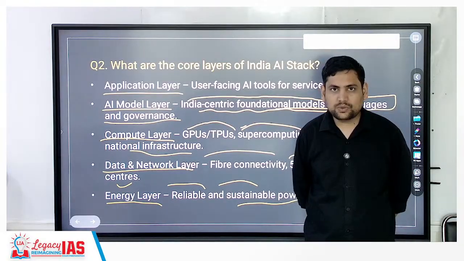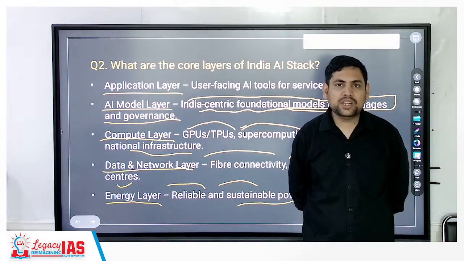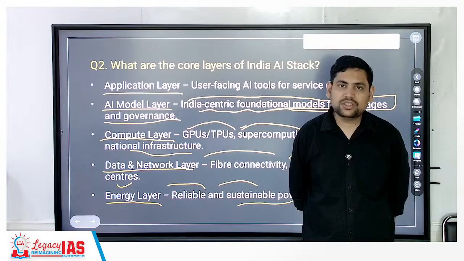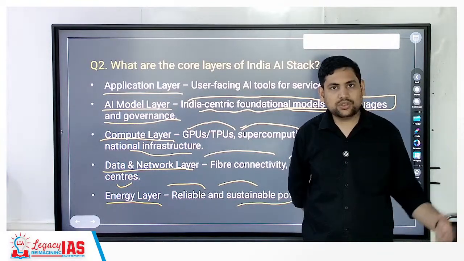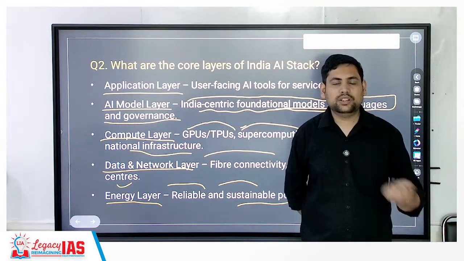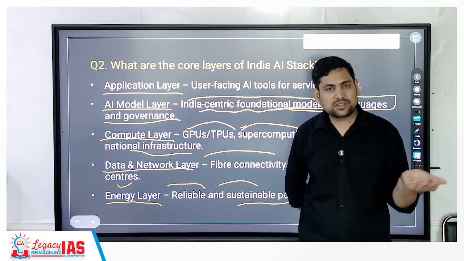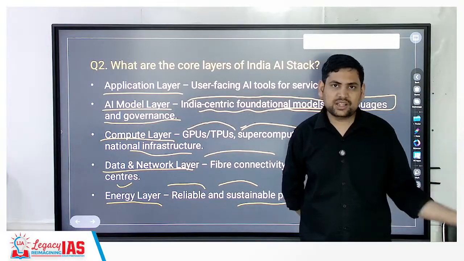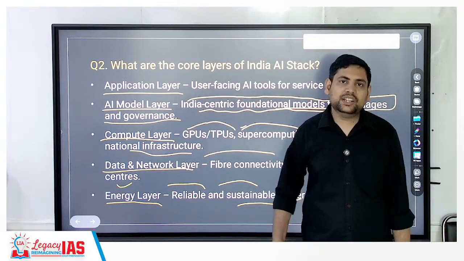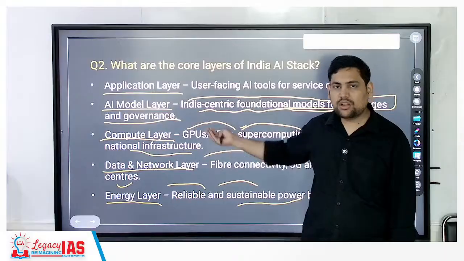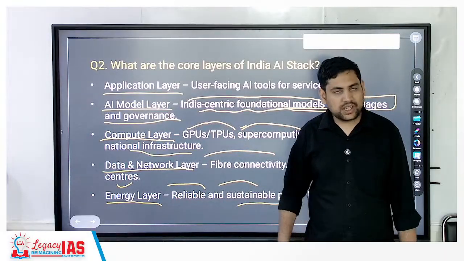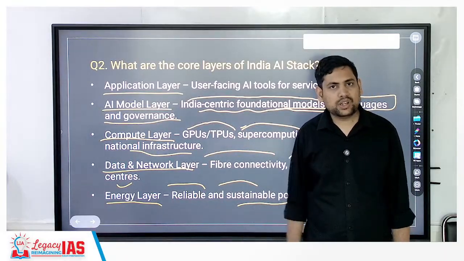Because of that, a lot of people who don't know English are lagging behind or are not able to get the complete benefits of the internet. This will get even more exacerbated in artificial intelligence, because it will be completely in one language, that is English. So that is why we need our own AI model, so that we can convert it into our vernacular languages.